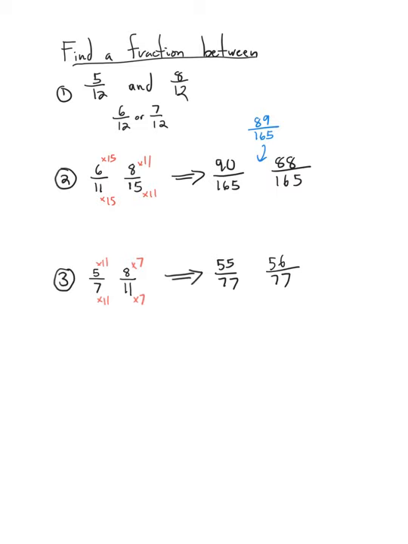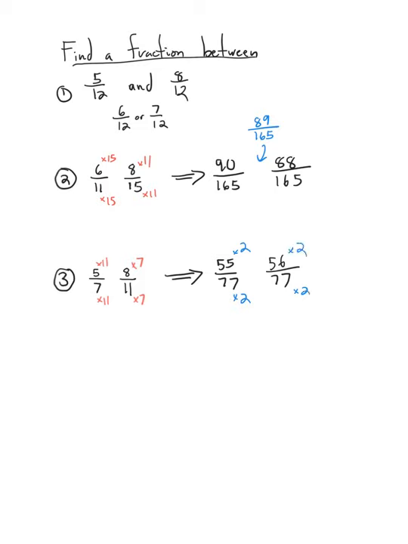If we multiply top and bottom of both fractions by basically any whole number 2 or greater that we like, then we'll create, in some sense, enough room in our numerators to just pick a number in the middle. So let's go ahead and multiply top and bottom by 2.